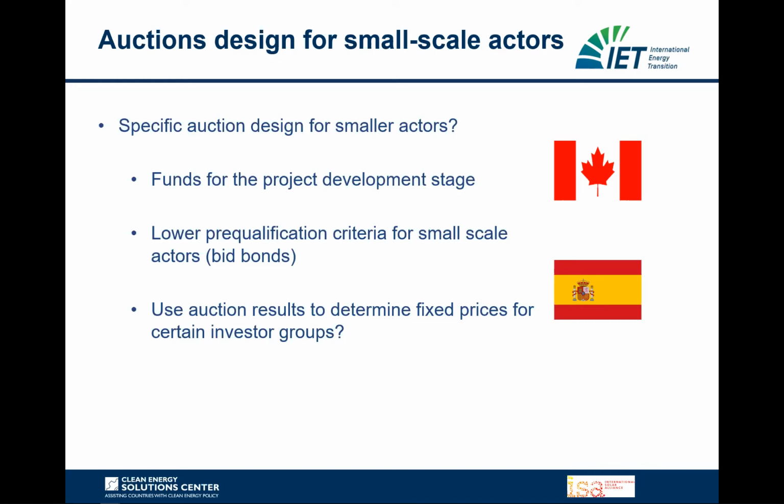We already discussed lower pre-qualification criteria, and we also discussed the option that you might look at the auction results for large-scale projects and carve out a certain market segment, where the small-scale project will get the same price as a large-scale project plus 10% or whatever it is, and therefore they can benefit from a feed-in tariff type price, which is based on the auctions held for large-scale projects.